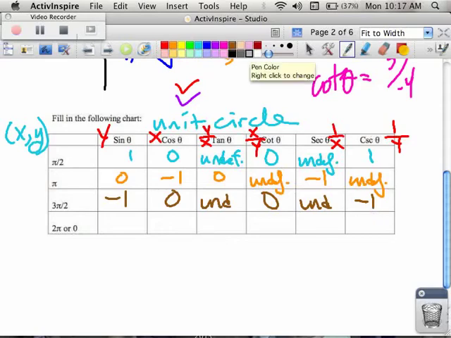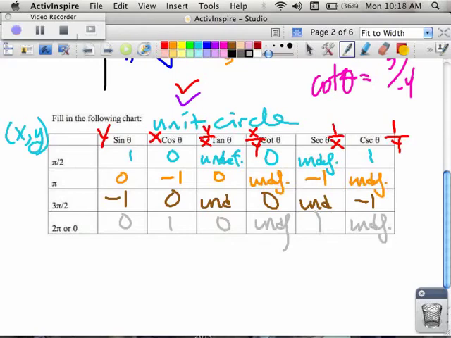And then the last row talks about 2 pi or 0, I guess radians, either one. And that has coordinates of 1, 0. So the y, which is 0 divided by 1, is 0. The 1 divided by 0 is undefined. 1 divided by 1 is 1. And if you had to guess on the last one, you would guess undefined, because we need one of those.